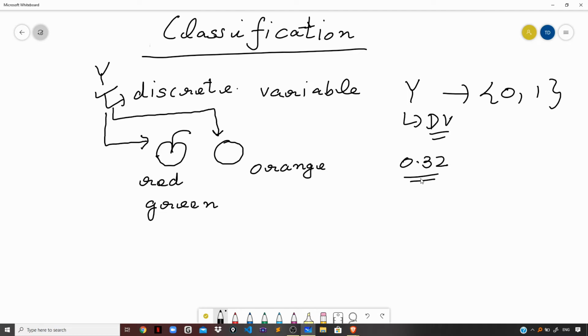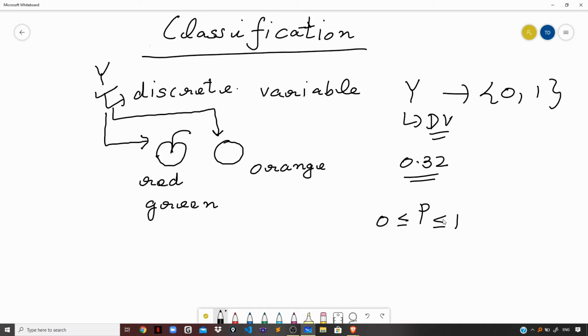We know from mathematics that the probability value will lie between 0 and 1, both inclusive. And we also know that probability can take any value within this range of 0 to 1, and hence it is continuous in nature. The reason for that is our output variable y is bounded between 0 and 1.